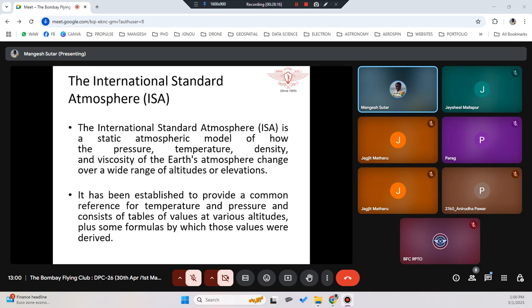It is not exact, but for reference purposes, based on the altitude, elevation and location, ICAO has published a table that gives you a rough idea of the pressure, temperature, density and viscosity. It has been established to provide a common reference for temperature and pressure and consists of tables of values at various altitudes plus some formulas by which those values were derived.